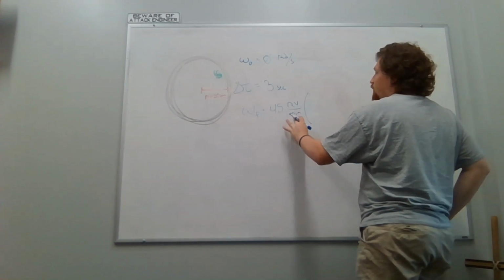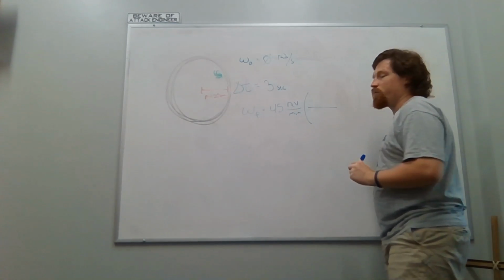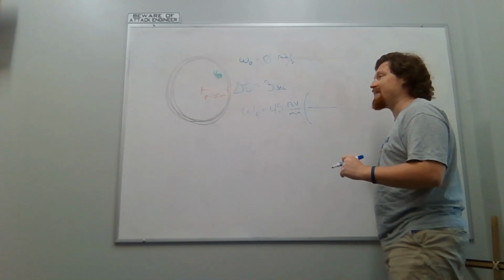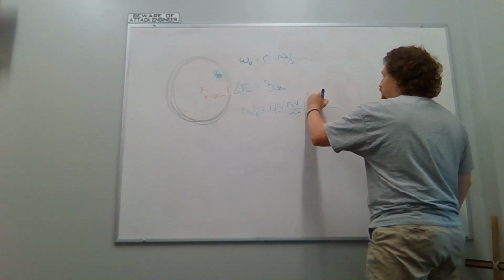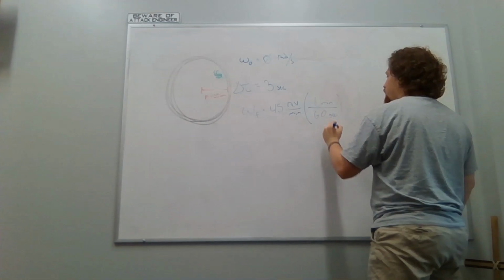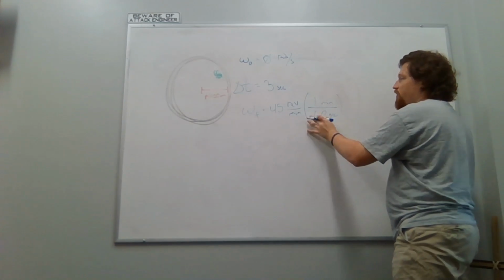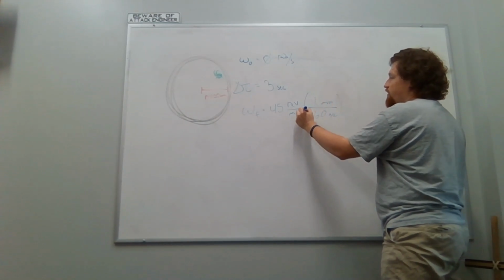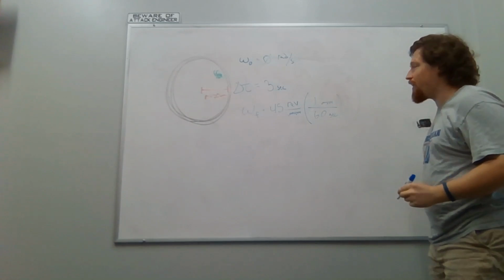So, first let's go ahead and turn minutes into seconds, because everyone should know 1 minute contains 60 seconds. So multiplying by 1 minute over 60 seconds will cancel minutes and leave us with seconds on the bottom.